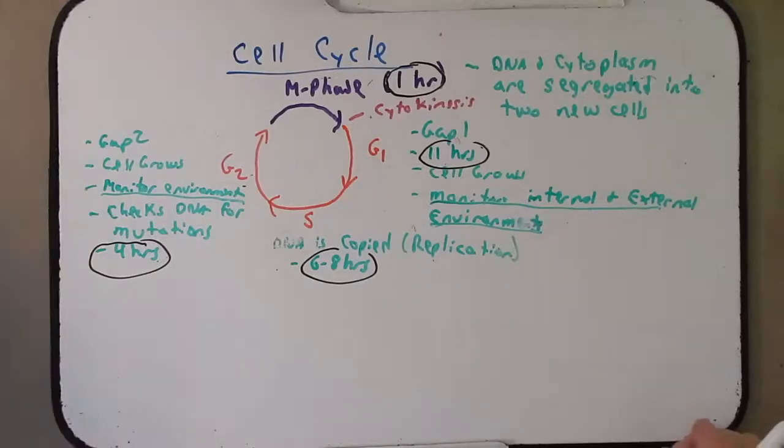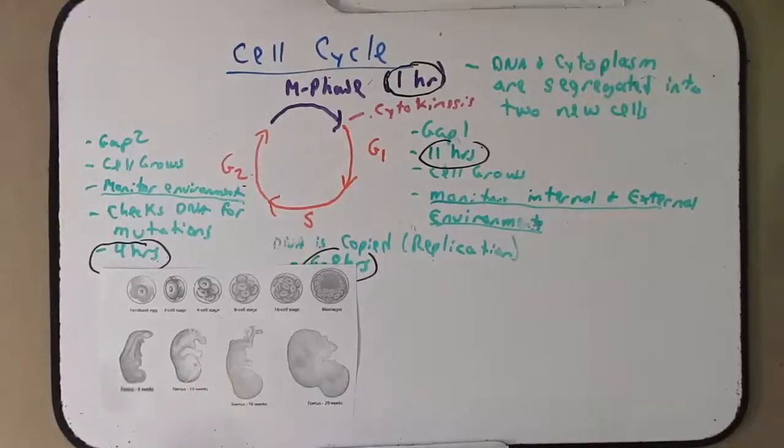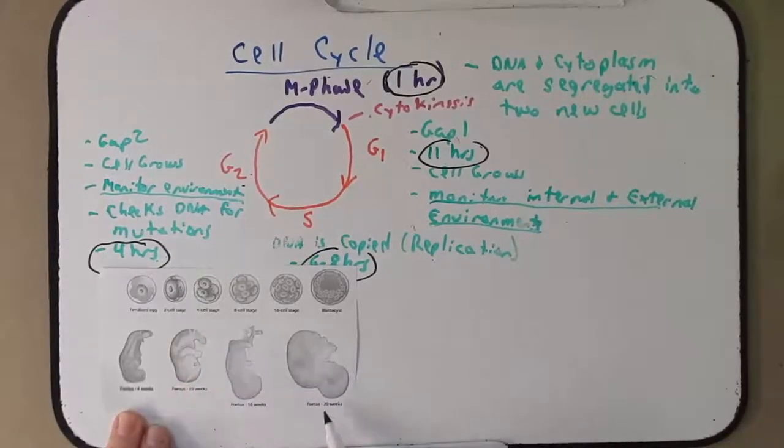And to talk about it, I want to talk about embryonic development. And I think it's going to be better for me just to show a picture here as opposed to trying to draw it. And one thing you'll notice as you look at this picture is you're going from a fertilized egg all the way to a 20-week-old fetus.